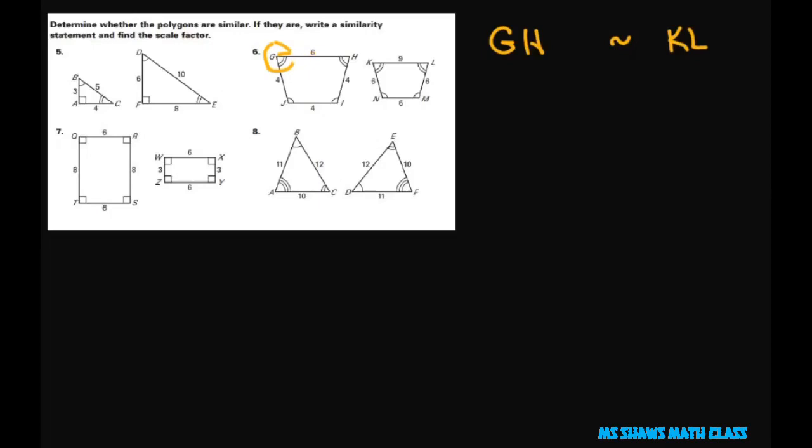And then I is similar to M. And J is similar to N. All right. So those angles are congruent.